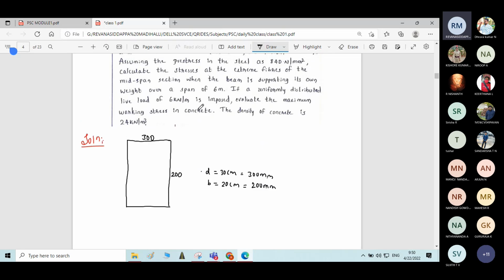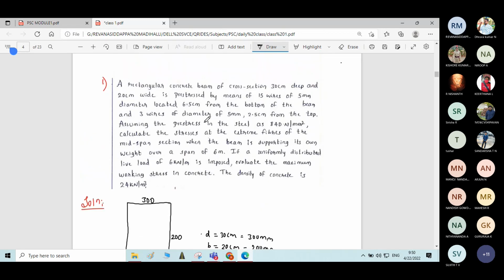It is pre-stressed by means of 15 wires of 5 mm diameter located 6.5 centimeter from the bottom of the beam. He is saying that there are 15 pre-stressing wires or cables or tendons having 5 mm diameter located 6.5 centimeter from the bottom of the beam.